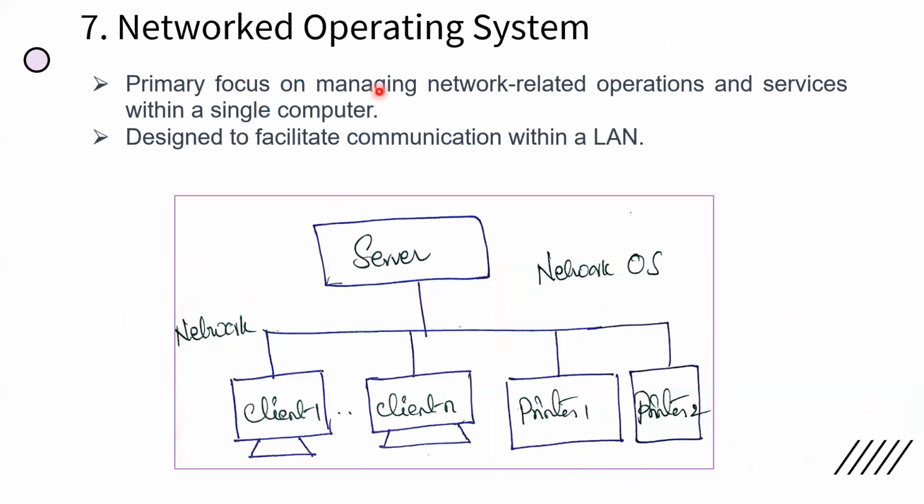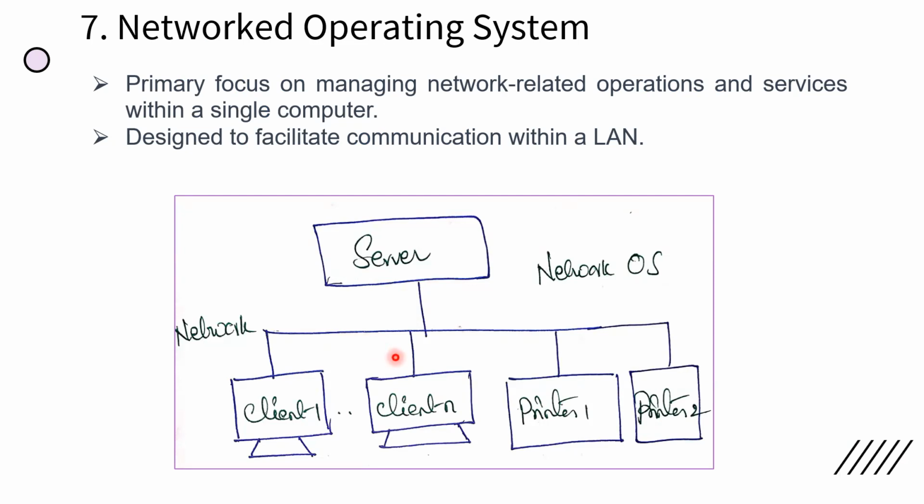The next type of operating system is the network operating system. Here, the primary focus is on managing the network related operations and services. For example, consider the local area network in an organization. There will be a server and different clients, and also different kinds of resources, including printers. They are interconnected through a network.